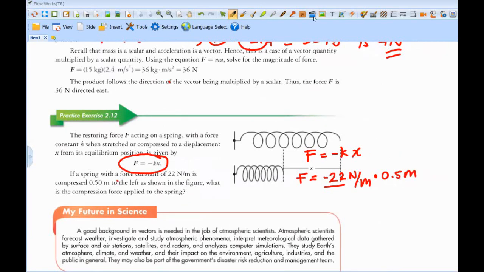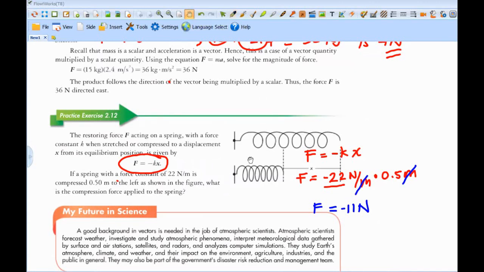So we need to cancel the meters. Then negative 22 times 0.5, it will be what? Negative 11. So that's the force going to the left, right? Given by this formula. Okay?